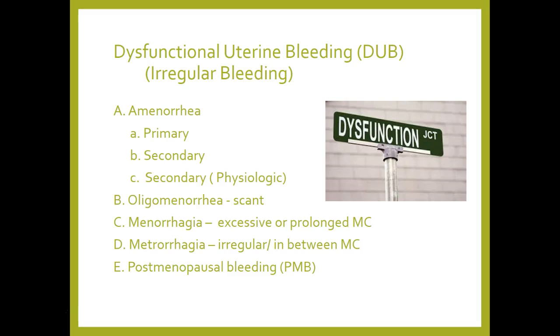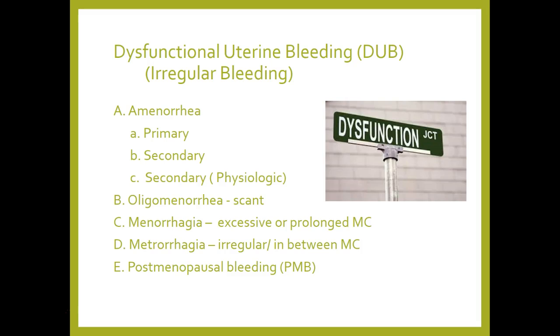All right, dysfunctional uterine bleeding is basically irregular bleeding. There are several types of DUB. I have them listed here for you. We have amenorrhea, which is no menstruation at all. And there are different types of that, primary, secondary, and physiologic secondary. We'll talk about them in detail in a minute.